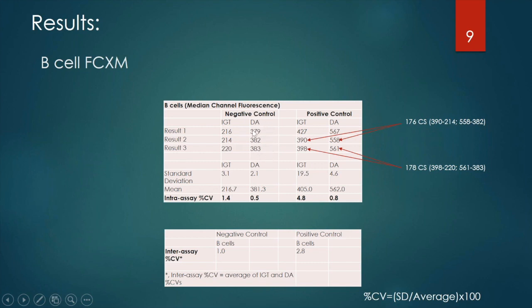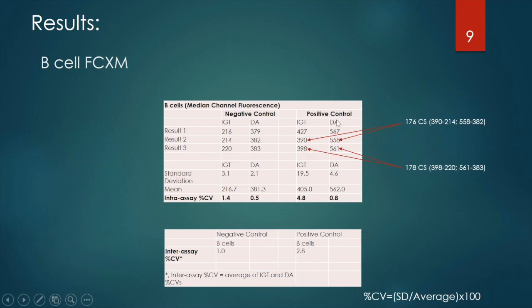You would see that the MCF values are higher. This method is more sensitive, where the antibodies and your serum are binding very well to your cells, and they are neatly washed off. So when coming to positive control serum, it is 427, 390, and 398 of my triplicate.